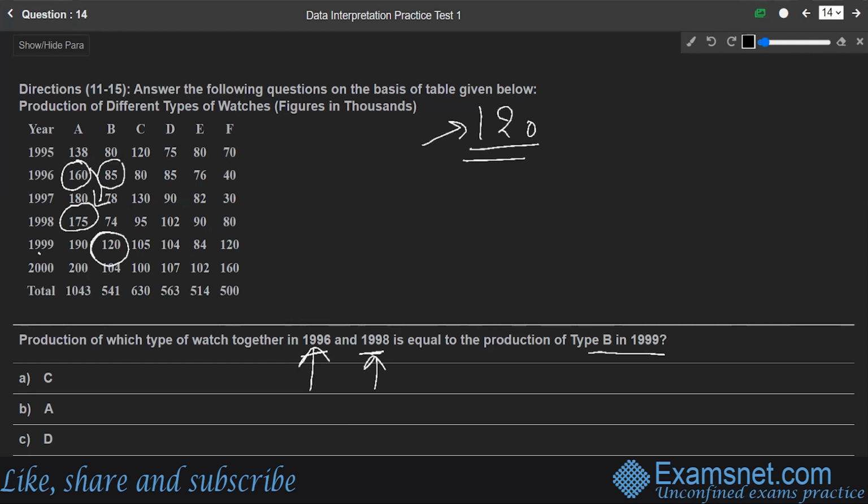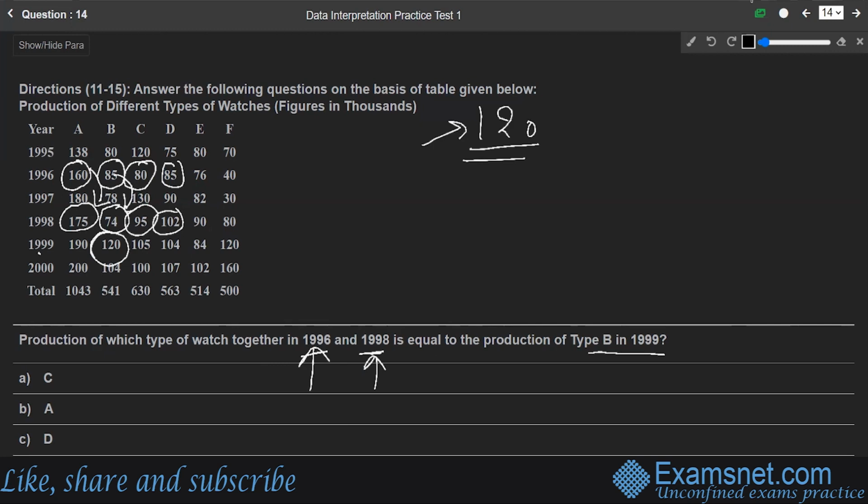For B, it is 85 plus 74, which is somewhat close to 159, so that is not the right answer. Also 80 plus 95 is somewhat around 175, so this is also not the right answer. 85 plus 102 becomes 187, so that is also not the right answer.